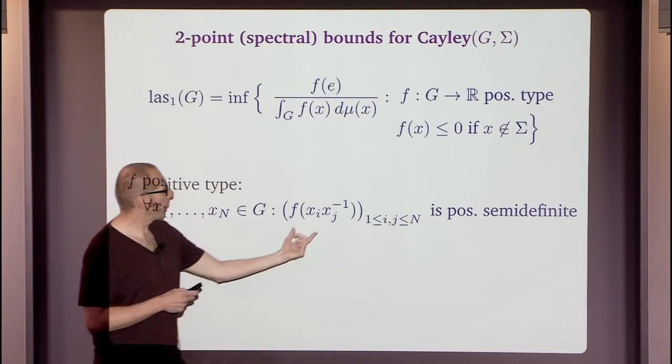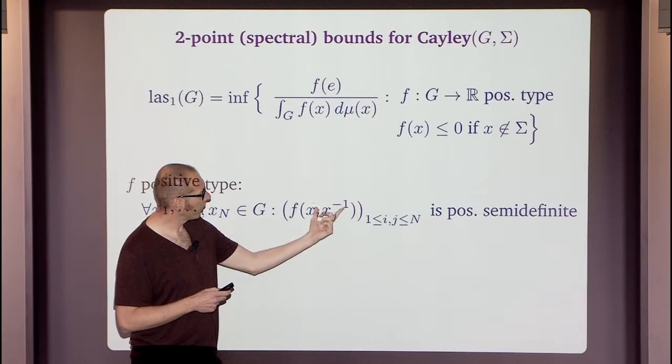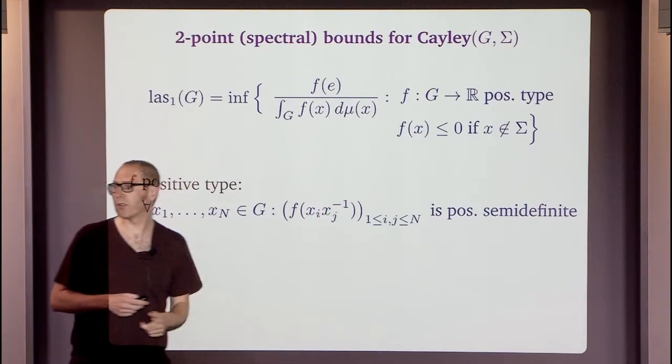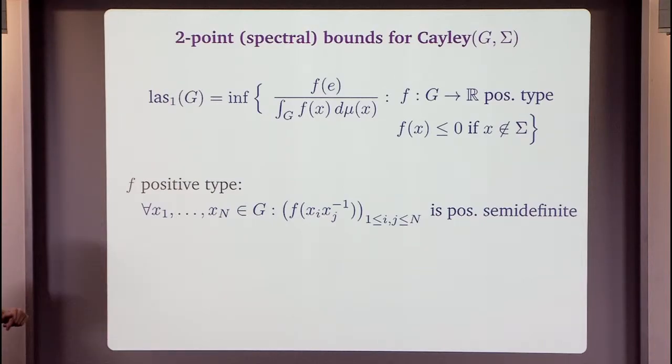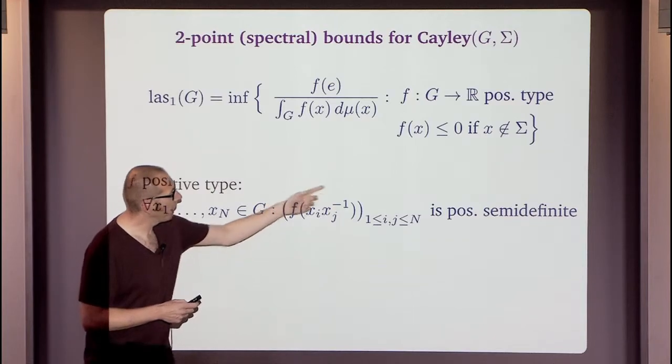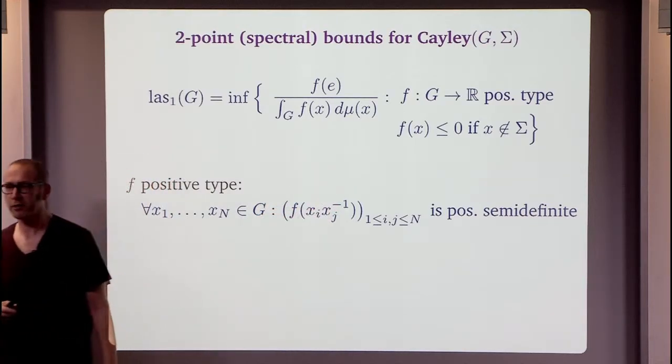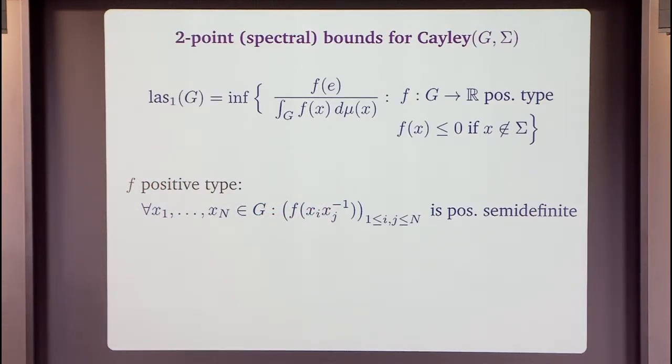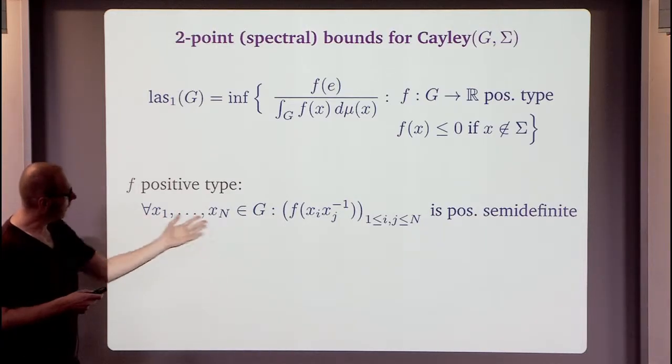I look at all the products xi xj to the minus 1. It's going to be a matrix indexed by i and j. I plug in this product into f, and this matrix which I get should be positive semi-definite. So you label the edges of the graph in a consistent way such that it's positive semi-definite. Yeah, that's one way to see it. And I can do it for all the xi's.